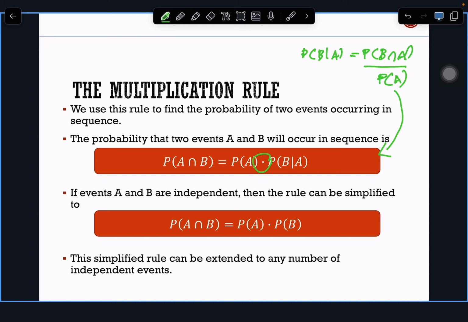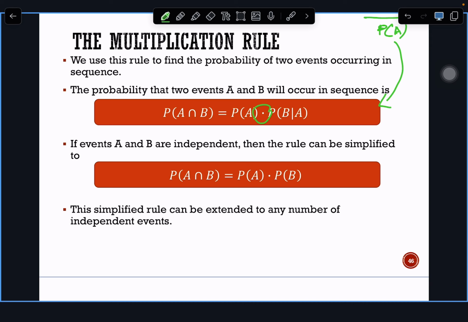Okay. And next question is, how do we simplify this one? P(A intersect B) equals P(A) multiplied by P(B). If you compare this formula, it is the same, correct? We have P(A), we have P(A), but P(B given A) now becomes P(B). How come we can write P(B given A) equals P(B)? When the events are independent.